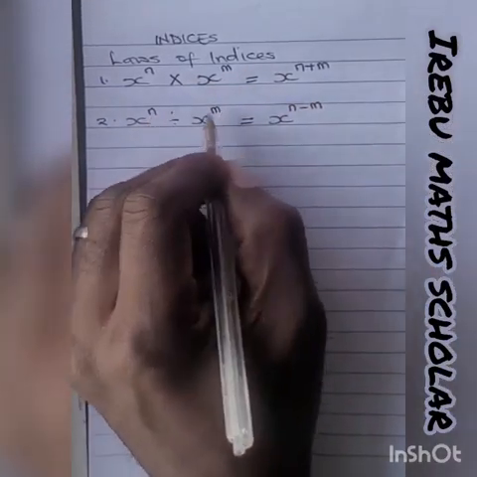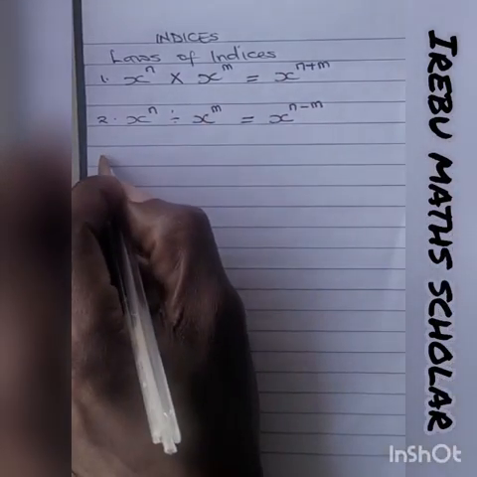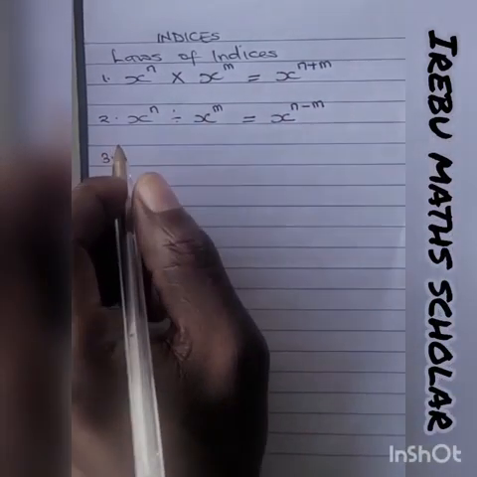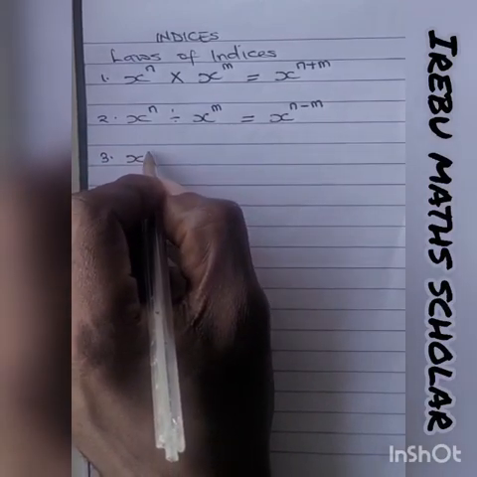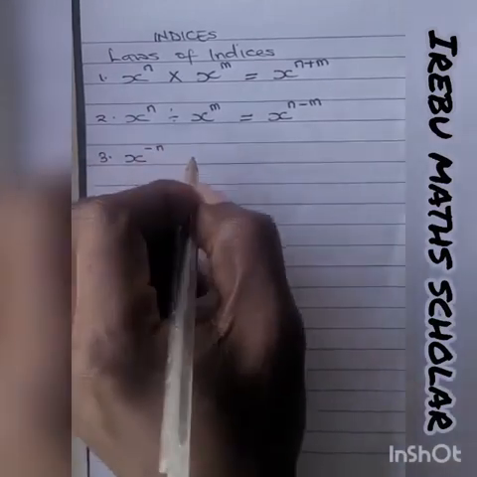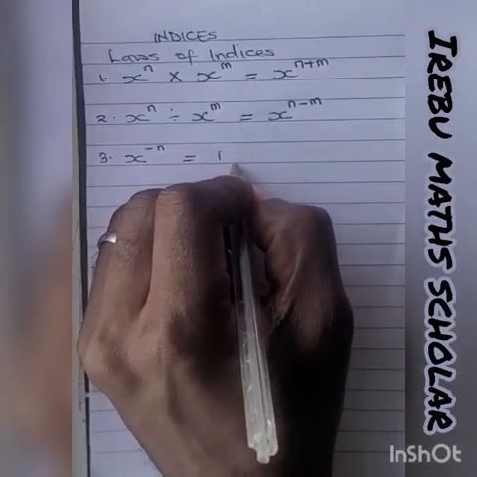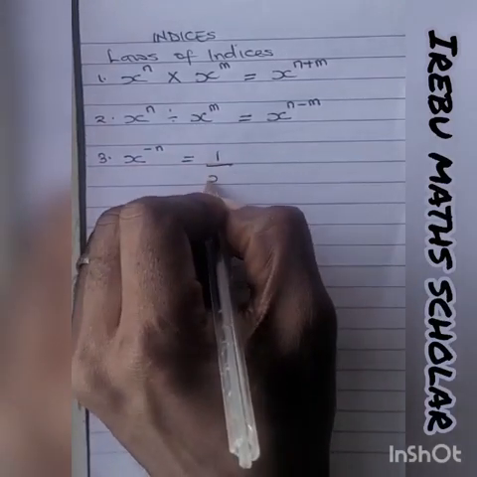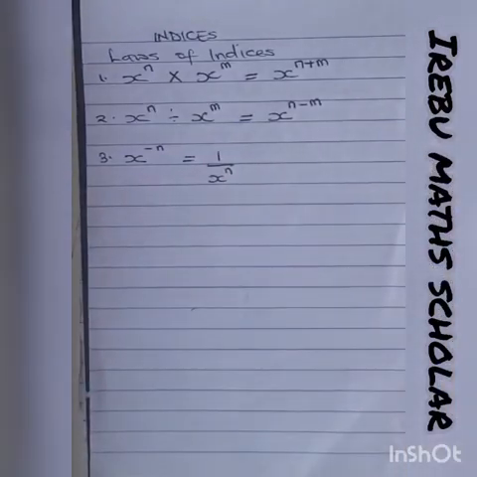You subtract their powers. The next one is number 3, which is, if we have x to the power of minus n, we are going to have 1 over x to the power of what? n. This is the third one.